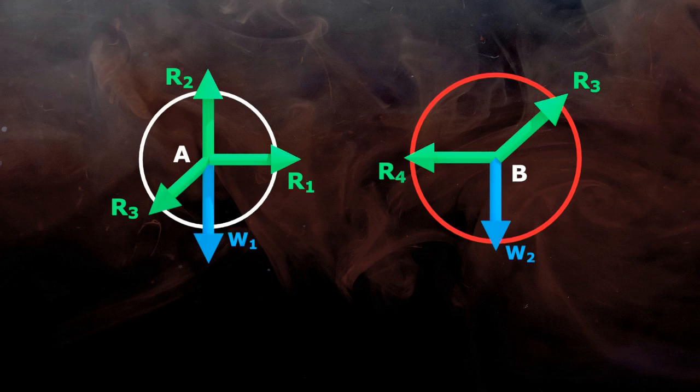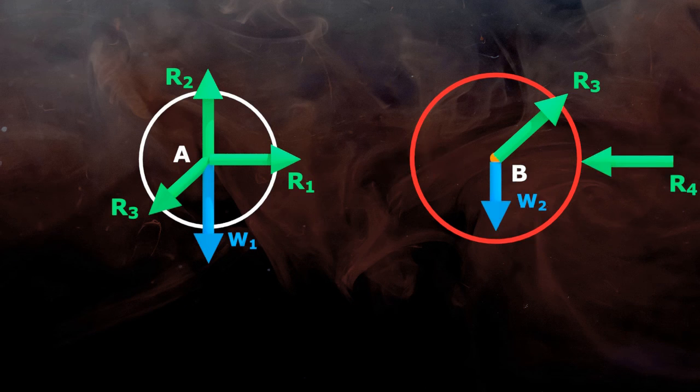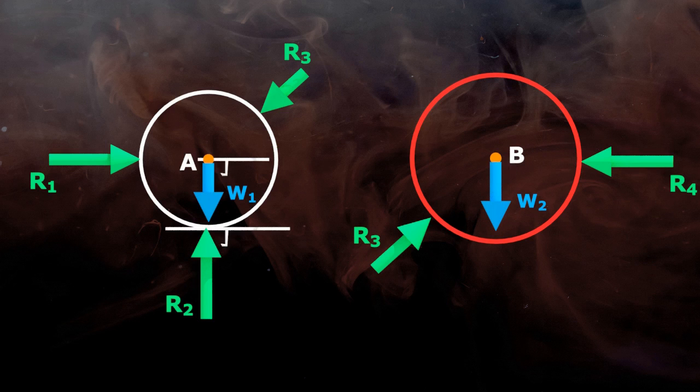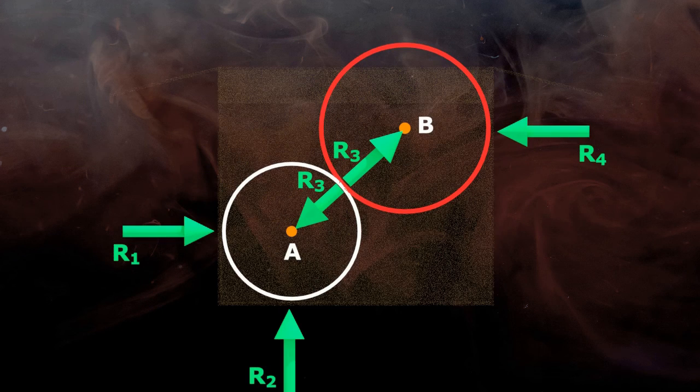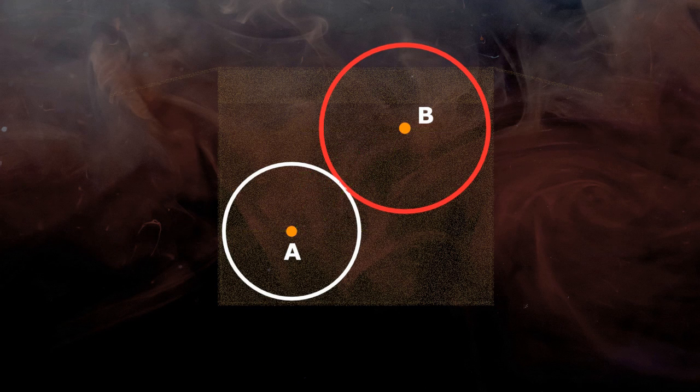The only data missing is the angle between reaction R3 and the x-axis. To find this angle, we will go back to this point where both spheres are still in contact with each other. First of all, join the centers of gravity of both spheres.